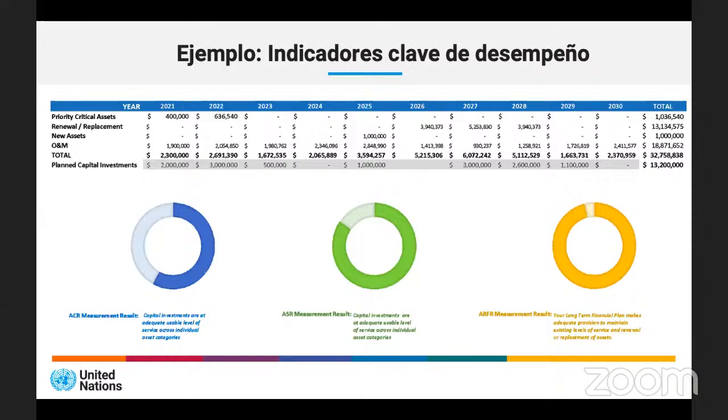And we also have new assets of 1 million to invest in 2025. If we have this plan shown in the table, the last one is planned capital investments, then it will automatically show the three ratios, key performance indicators, easily. And at the end, the measurement results. It's easy to be done.